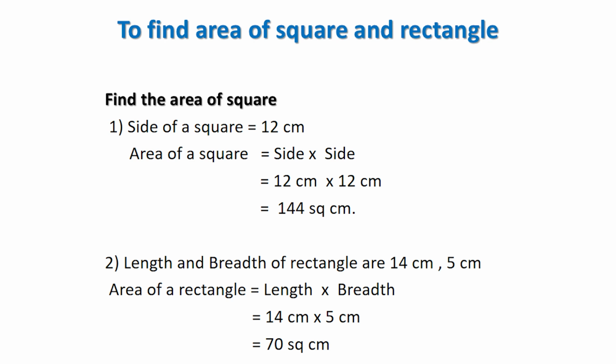Find the area of a rectangle whose length and breadth are 14 cm and 5 cm respectively. Area of a rectangle equals length into breadth equals 14 cm into 5 cm equals 70 square centimeter.